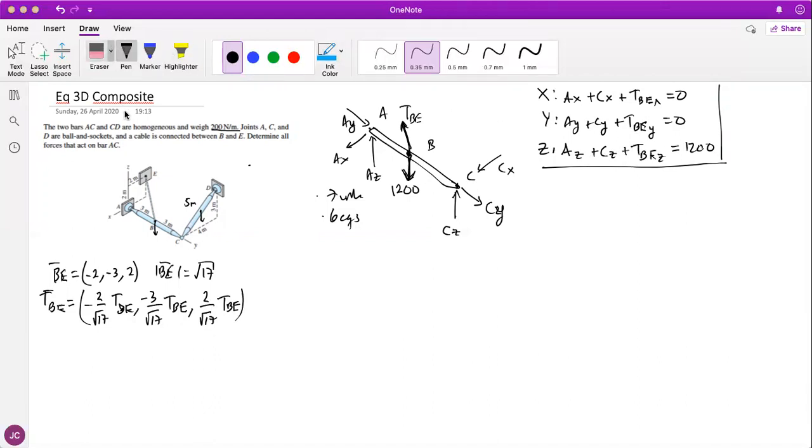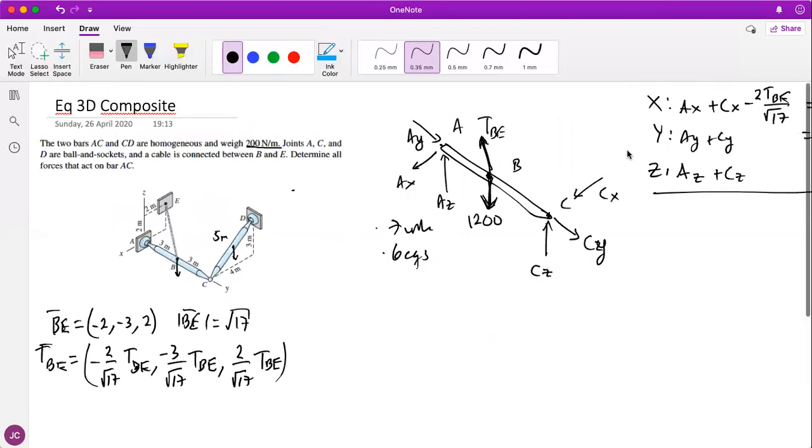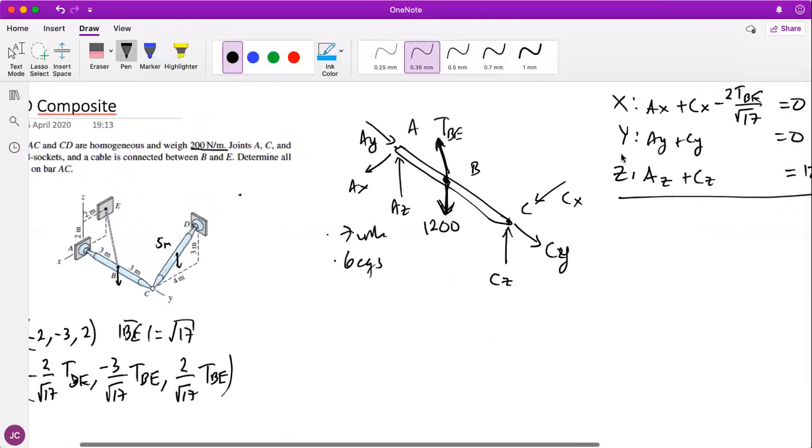So you know how I got this. Now that I got the components, I'm going to use them. Luckily for us, we can just put that part and be done with it. So what I will have over here is -2 TBE square root of 17, okay? Let me amplify a little bit so it's easier for me.